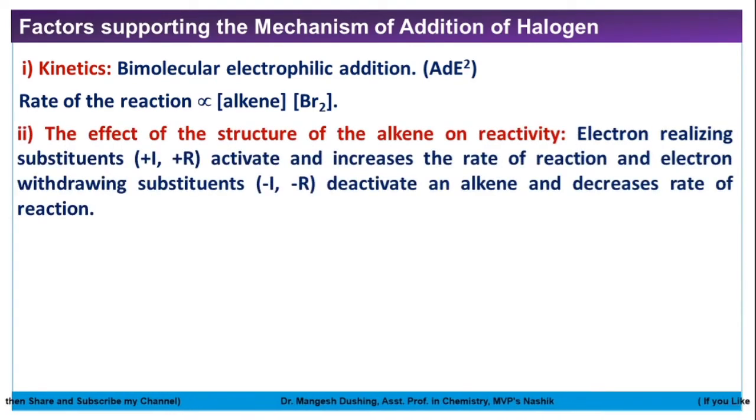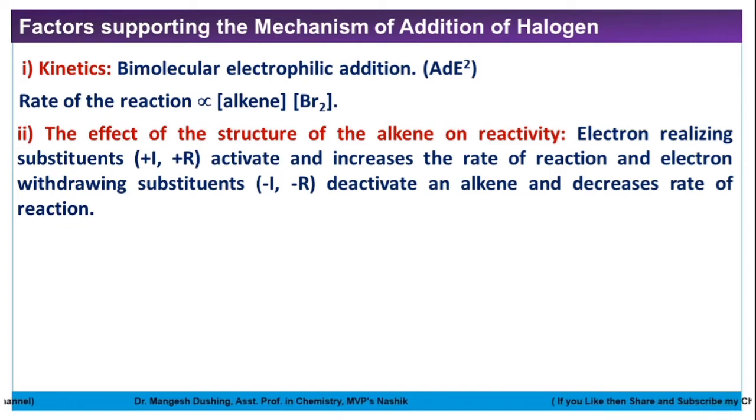Second factor: the effect of the structure of the alkene on reactivity. Electron releasing substituents like plus R or plus I activate the alkene and increase the rate of reaction. Similarly, electron withdrawing substituents, that is minus I or minus R, deactivate the alkene and decrease the rate of reaction. It clearly indicates that in the slow step, that is the rate determining step, the alkene is involved.